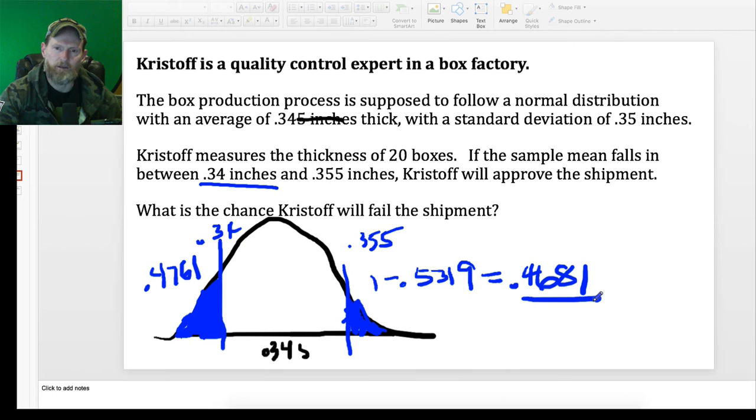And we add this, so this number is Na2, and this number is Na1. And when we add those together, that equals 0.9442.